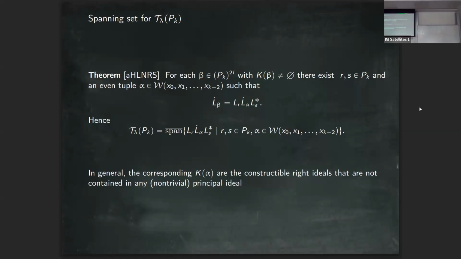It is kind of reminiscent of what happens if you have a number field and you look at a class number bigger than 1, and you look at ideals that are prime ideals that are not principal. They also appear in the case of the ax plus b monoid, but in that case, the length of this thing in the middle is reduced.